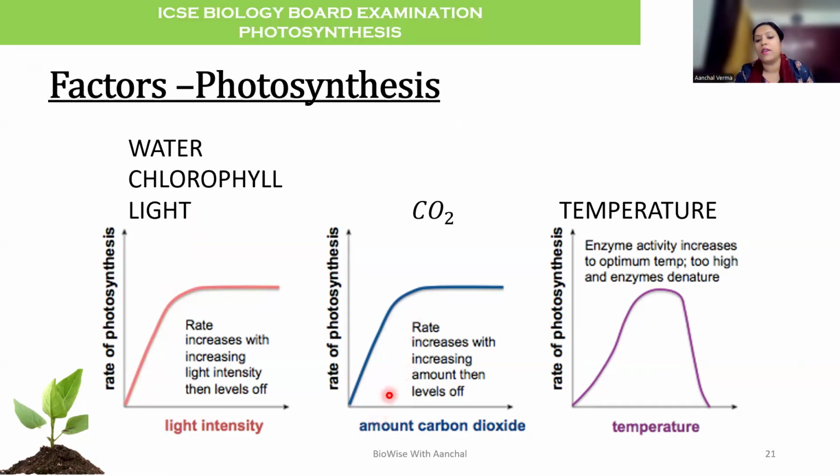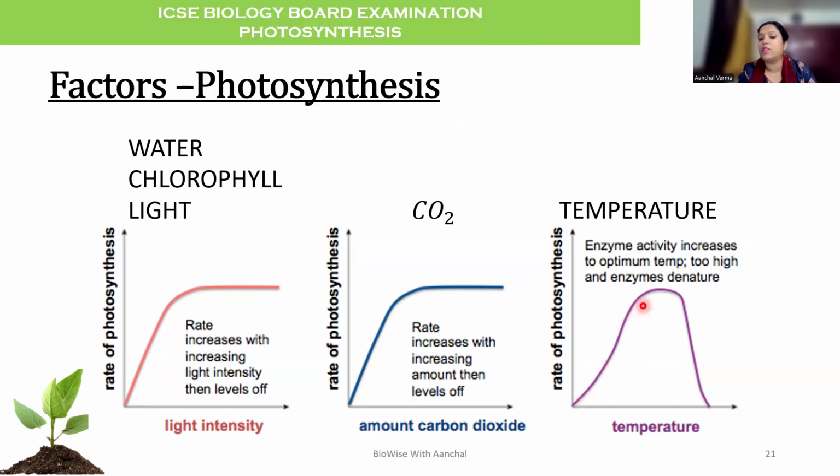Similarly, carbon dioxide, there is the initial rise, and once you reach the concentration more than 0.03% of carbon dioxide, then the rate of photosynthesis starts dropping because stomata closes. Okay. So after the peak, there will be a fall in the rate of photosynthesis.